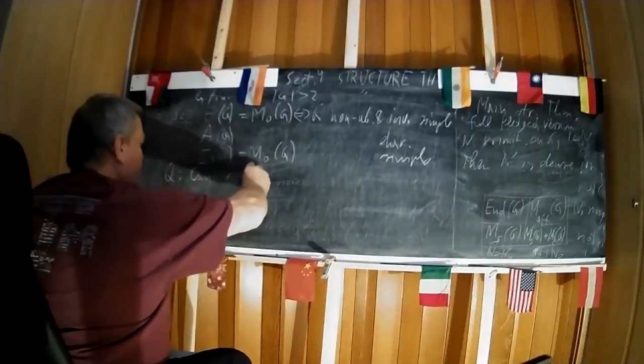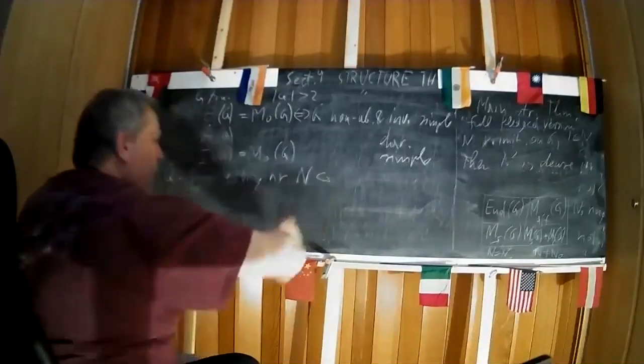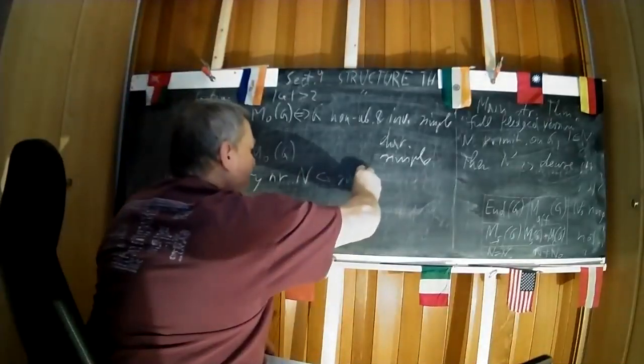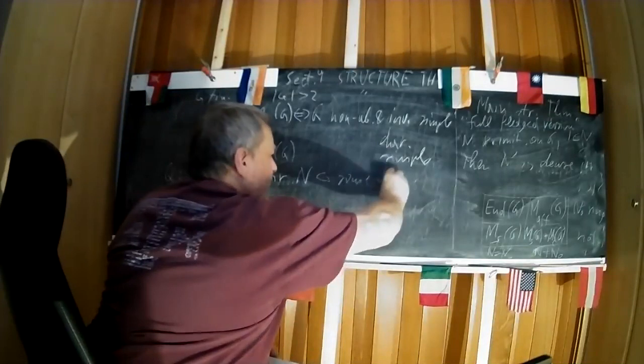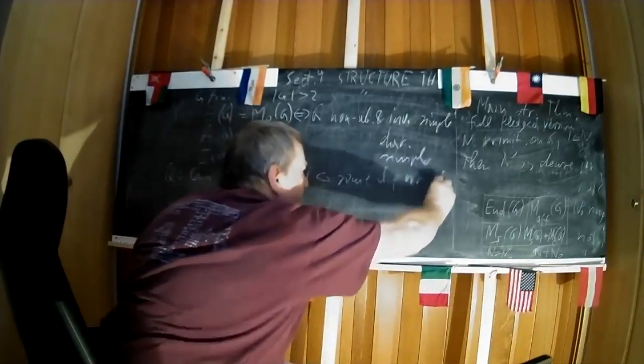Can every nearring N be embedded into some distributively generated nearring M?